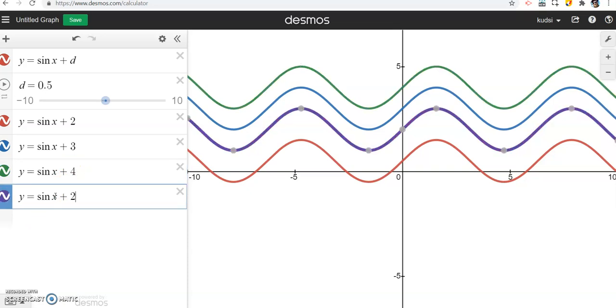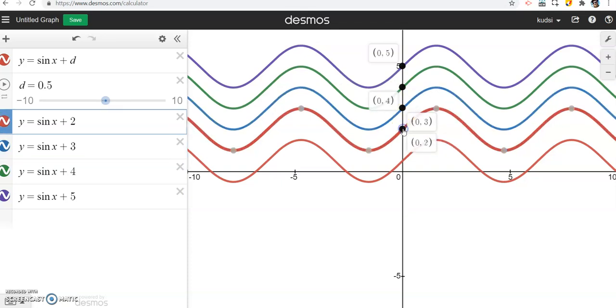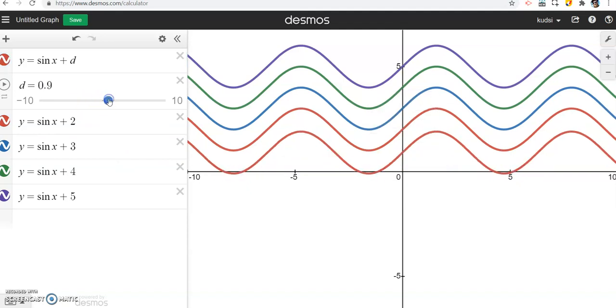Or maybe I'll just see what other colors it throws at me. Okay, but every time we change that, we've changed it from 5, 4, 3, 2, and this one was at about 0.5, but we can change it up to 1. Okay, so it just shifts the graph up and down. Same exact graph, same exact shape, up and down.